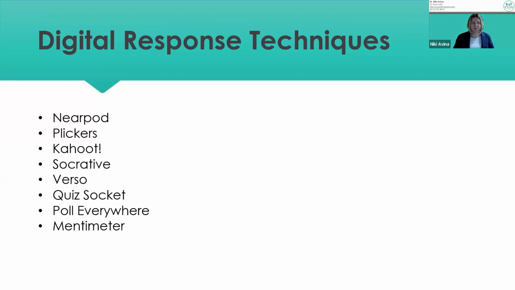These are all excellent options. They also change pretty regularly. So if you have a favorite that you don't see on the screen that you use, we'd love for you to share so we can keep sharing other ones with teachers from all over the state. So if there's another favorite you have, we'd love to hear about it with those digital response techniques, because technology is always changing on us.